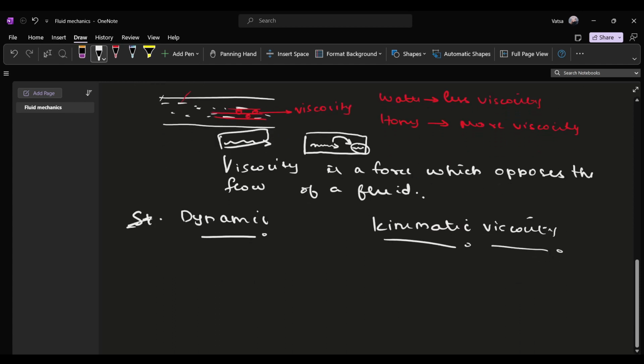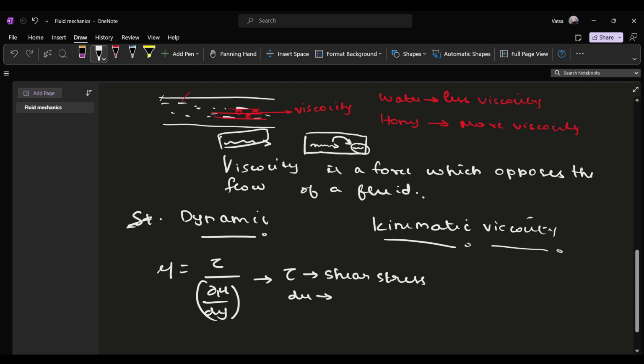So the dynamic viscosity mu is given by tau by du by dy. I'll be explaining all these terms. Tau is our shear stress, du is velocity, and dy is distance.